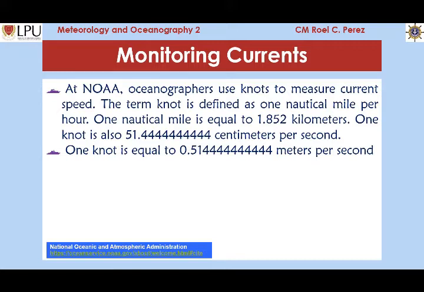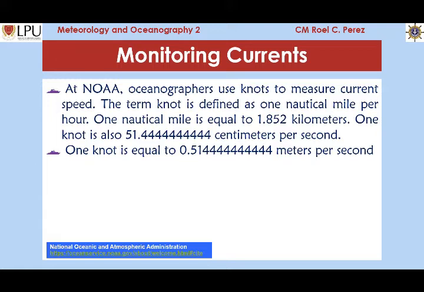But on the NOAA website, it is indicated that they are only using 1.85. But we are mariners. I do not want to give you that data, 1.85, because we are using 1 nautical mile equal to 1,852 meters.